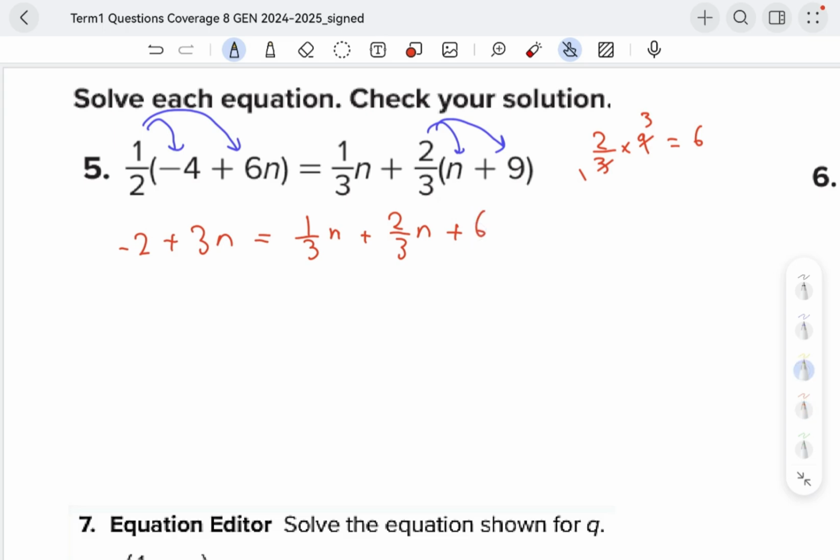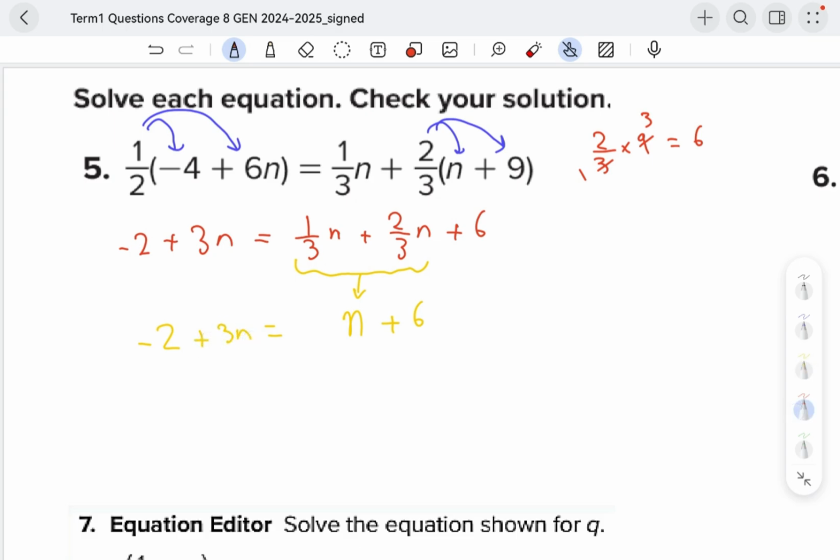Now move the variable to one side of the equation and the constant to the other side of the equation. Before I do that, I want to add these two together. 1/3 plus 2/3 gives us 3 out of 3, which is 1. So this is 1n plus 6 equal to negative 2 plus 3n.